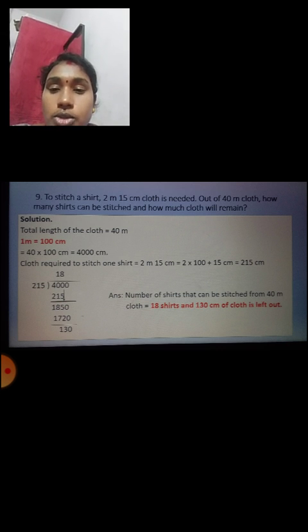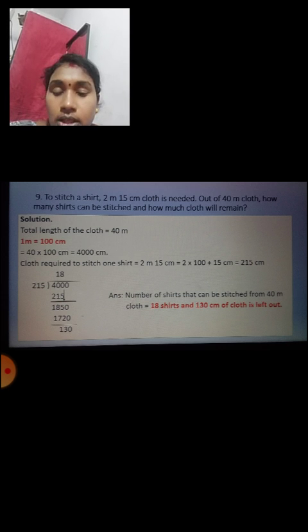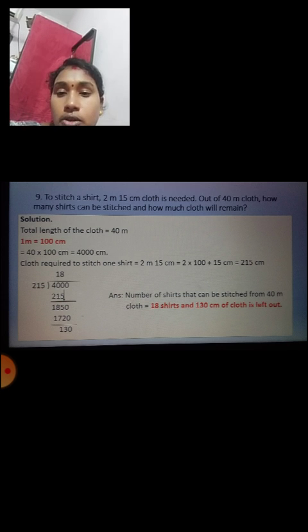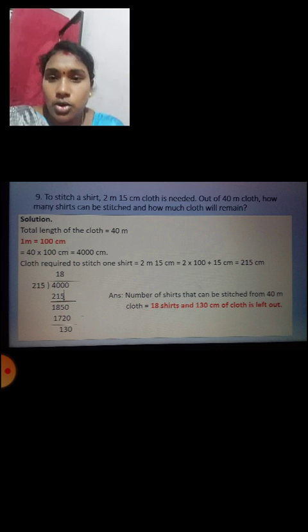You want to stitch a shirt which requires 2 meters and 15 centimeters of cloth, and you have 40 meters of cloth. So now you have to find out how many shirts can be stitched and how much cloth will remain. The first step you have to do is write down the total length of the cloth you have.